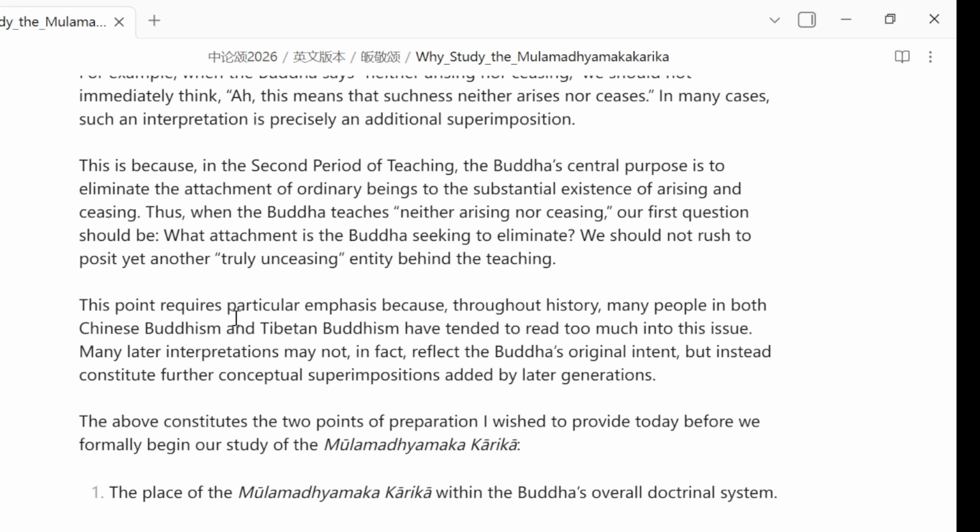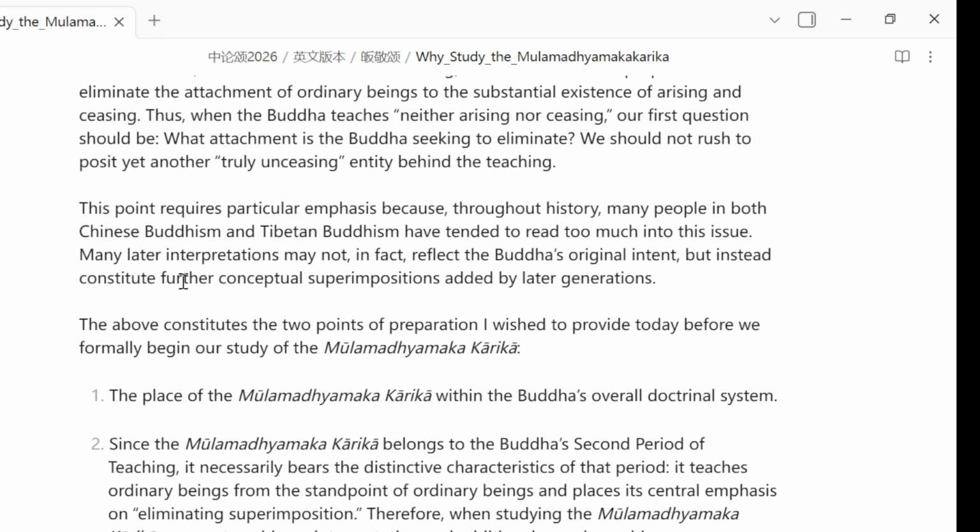This point requires particular emphasis because throughout history, many people in both Chinese Buddhism and Tibetan Buddhism have tended to read too much into this issue.